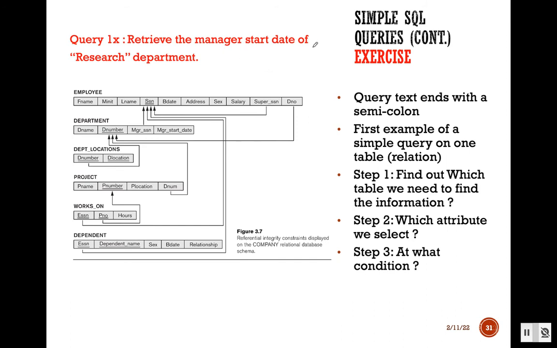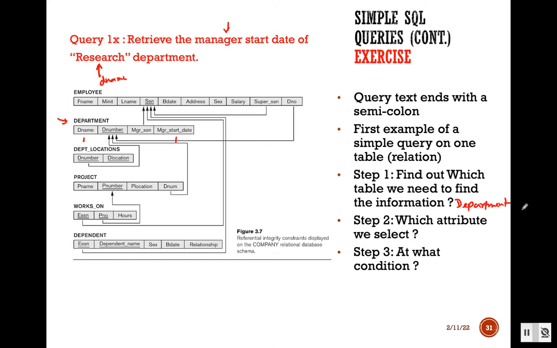We need the manager start date of the research department. That's the name of the department, D name, and the manager start date. It looks like D name and manager start date are all in one table. So which table am I going to need? I'm going to need the department table.